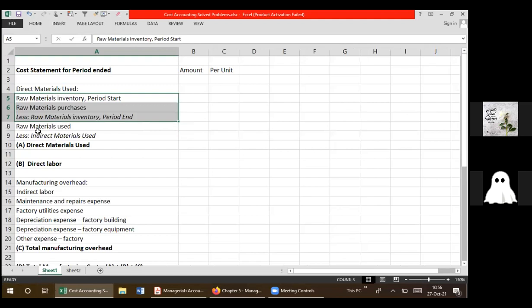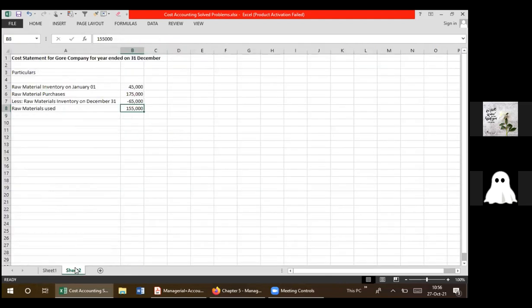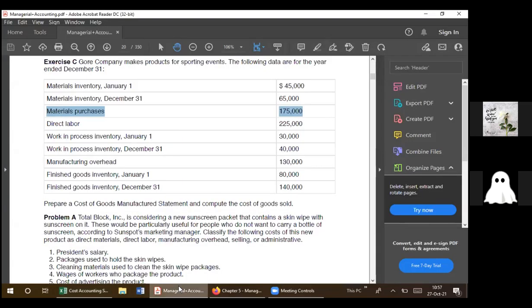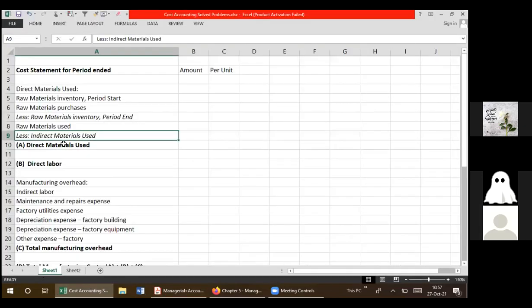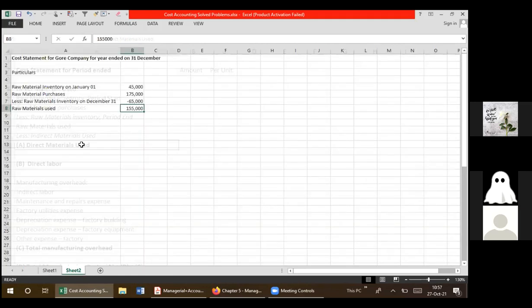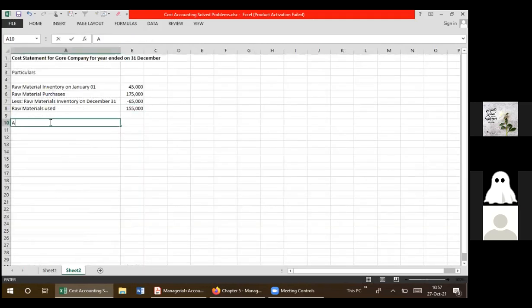Next, it says here less indirect materials used. Is there any indirect material here? We do not know any. The question doesn't specify, so we'll skip that and go to the next step. If that is not there, then our answer is A, that is direct material used.